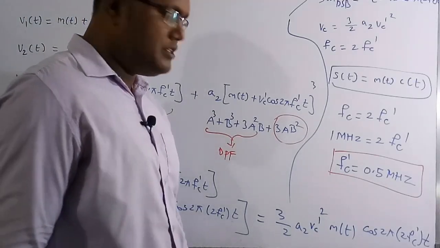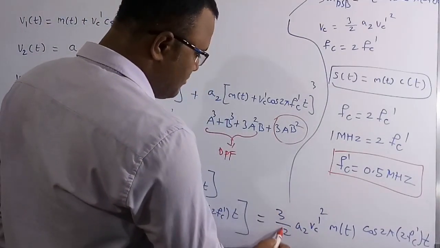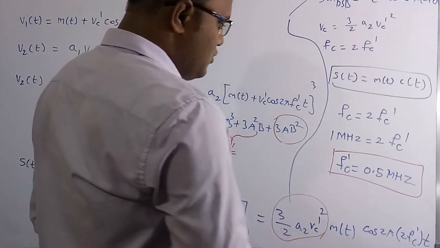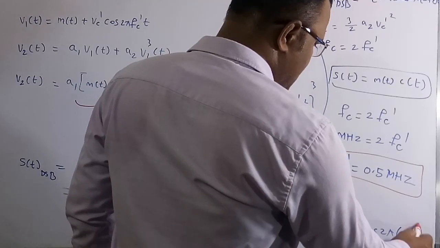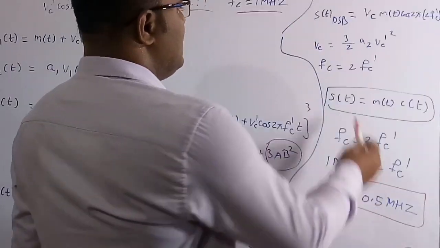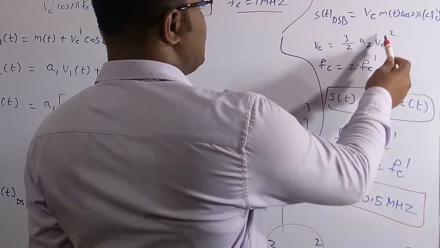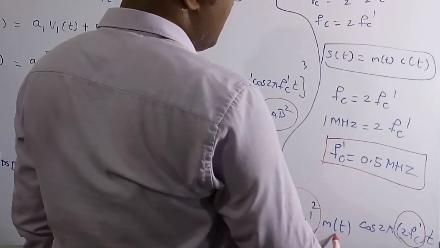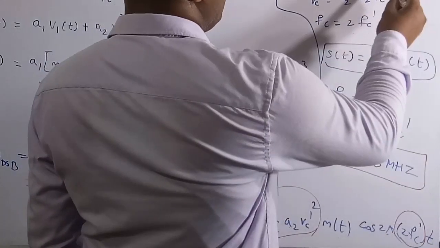So now what I am going to do is assume 3/2 A2 Vc'² as nothing but Vc, and 2Fc' I am going to assume as Fc. So therefore now here Vc is equal to 3/2 A2 Vc'² and Fc is equal to 2Fc'. So this becomes Vc m(t) cos 2πFct. This is what I have written here.